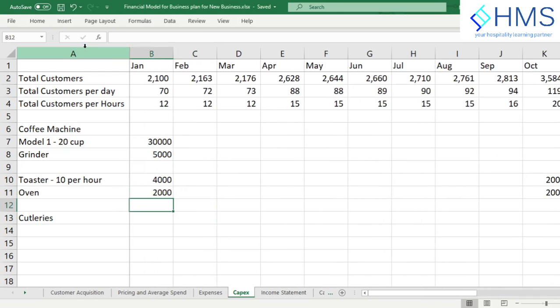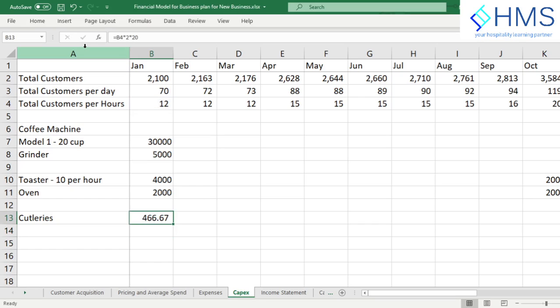Cutleries would depend on how many customers you are going to serve. So for every customer, how many sets will you need? So let's say you can wash every hour, but you need at least two, one for stock, one for replenishment. So that means two sets, and one set is going to cost you, let's say, $20, right?